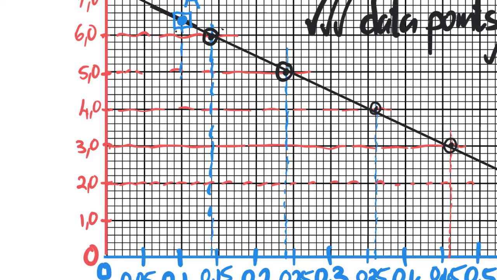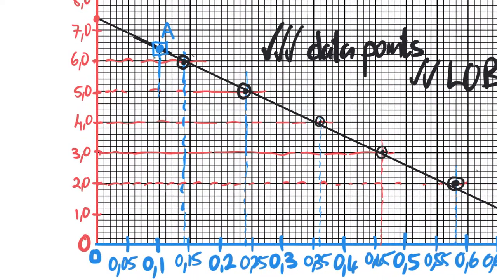If I drop a perpendicular to the x-axis, I see that this is 0.1. Remember, it's 0.1 ampere. And if I drop a perpendicular to the y-axis, the voltage axis, I see that that is 6.2, 6.4, 6.6, 6.8, 7. So that's going to be 6.4. And remember that that is a voltage.